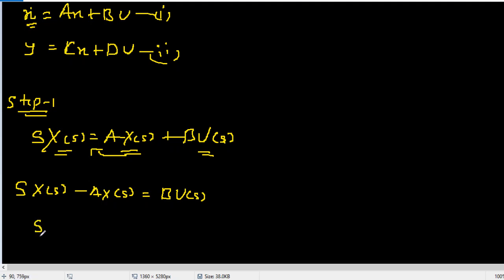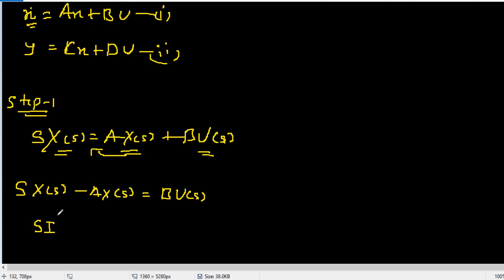Actually, in the simplified manner, you may have a question in your mind: why are we taking I here? I is the identity matrix. It basically serves the same function as s, because here we are dealing with matrices.